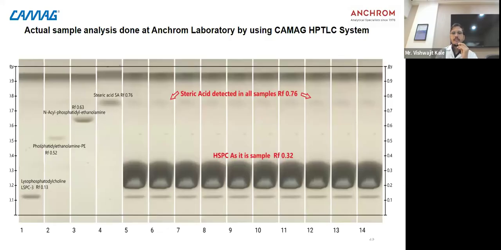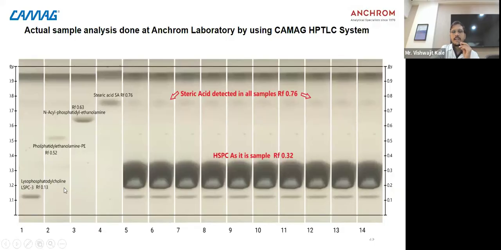This is again one photo documented plate image where we have analyzed 10 samples of phospholipid HSPC, hydrogenated soybean phosphatidylcholine, 10 samples together on a single plate simultaneously for the detection of lysophosphatidylcholine, phosphatidylethanolamine, N-acyl phosphatidylethanolamine, and stearic acid. So all four impurities of this main HSPC phospholipid are separated at different RF values, as you can see on your screen.